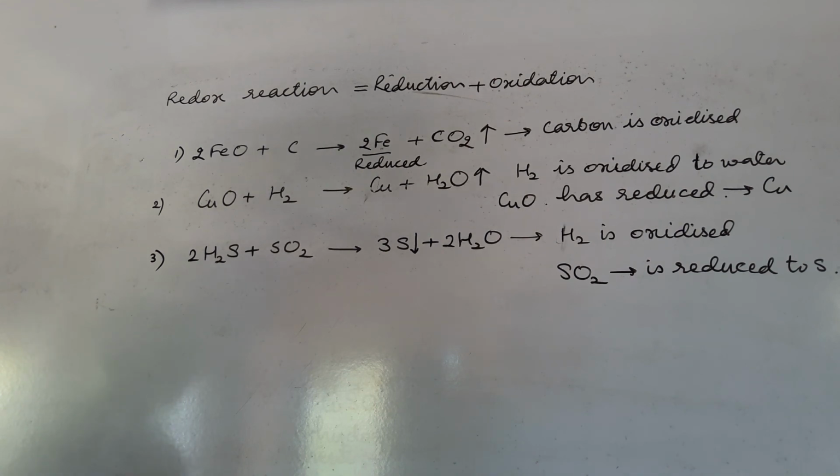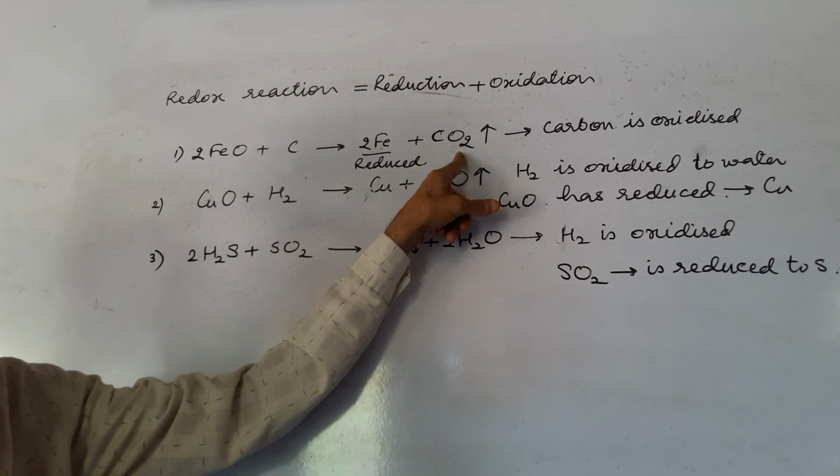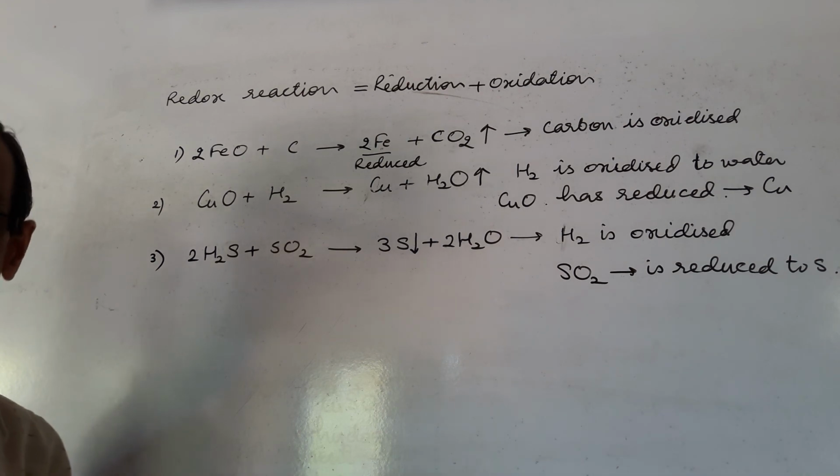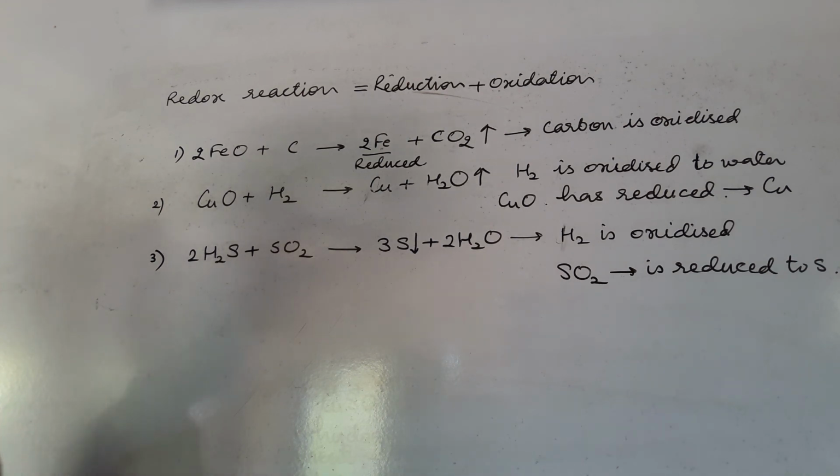If one is reduced, the other is oxidized. The one that gets oxidized is called the reducing agent, and the one that is reduced is called the oxidizing agent. Because to get itself reduced, it has to oxidize someone, and to get itself oxidized, it has to reduce someone. And that's why the one who is reduced is called the oxidizing agent, and the one who oxidizes itself is called the reducing agent. Take note of this.